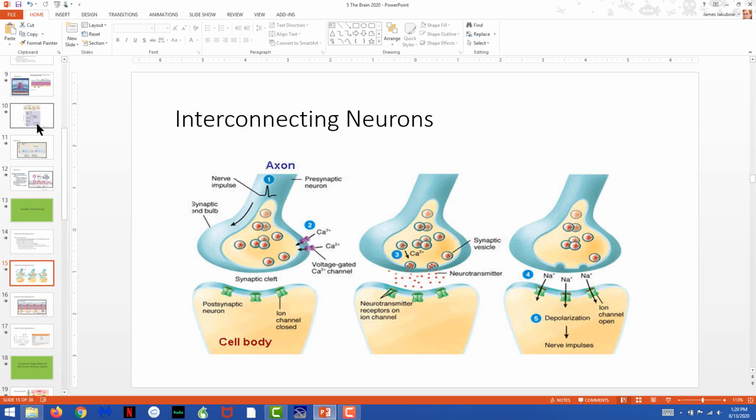sodium channels open up. So what's happening is the neurotransmitter lands on the receptor. They twist together. The twisting causes a channel to open that only sodium can travel through. Because we already know that sodium is in a high concentration outside the cell and is positively charged, and the inside of the cell is negatively charged, there are two chemical reasons for the sodium to rush into the cell immediately.